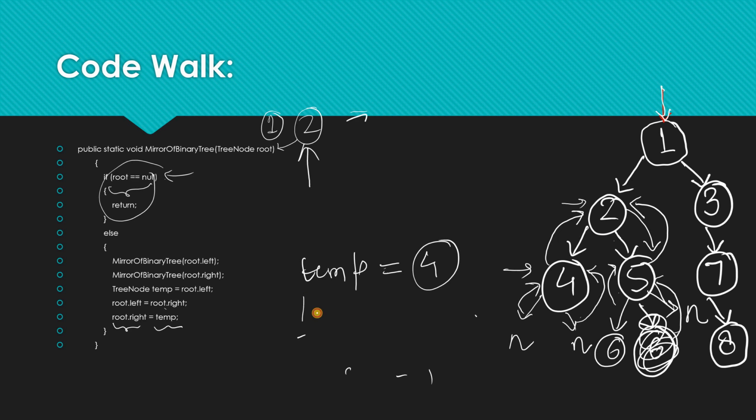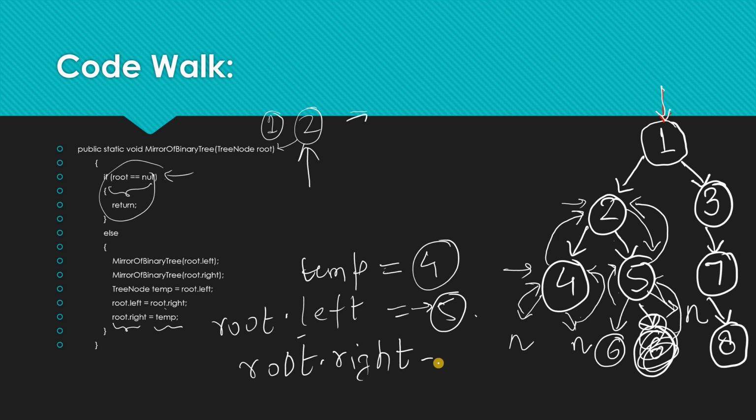So root left will be 5. This complete thing will point to here, and 6 is there, so even if I don't write 6, it is understood that 6 will also be there. Now root right is equal to temp, so this will point to 4, right?